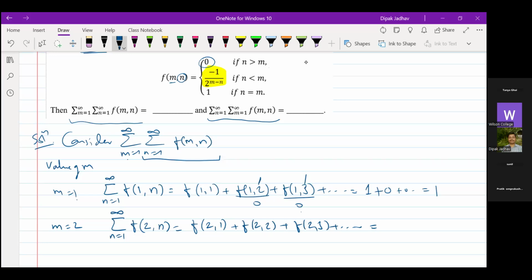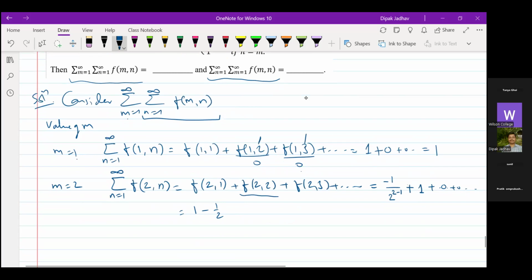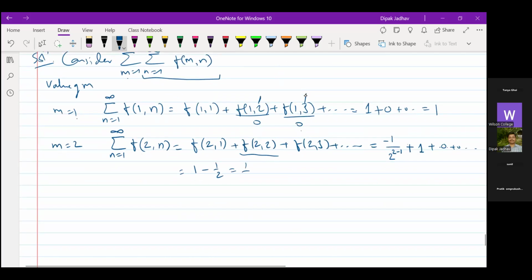Minus 1 upon 2 raised to 2 minus 1, which is minus 1/2. Good, you did it correctly. Plus, what is f of 2 comma 2? 1. And the rest of the terms are 0. So what am I going to get? 1 minus 1 upon 2, so that's 1 by 2.